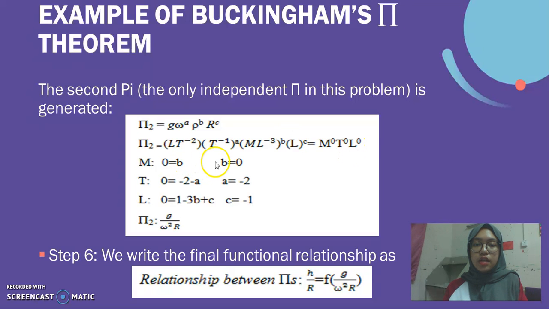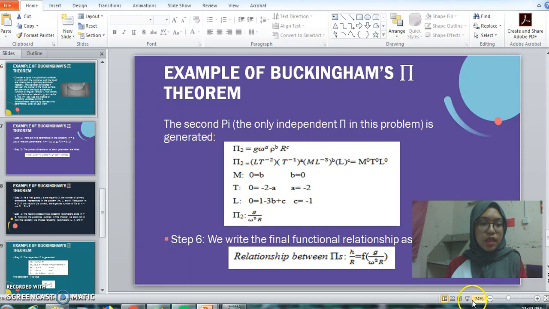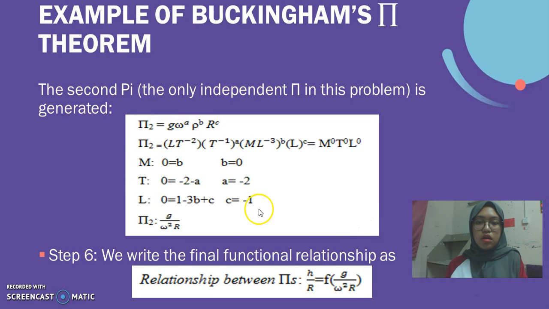We get b equals 0, a equals -2, c equals -1. So we substitute back a, b, c into the functional relationship, and we get pi2 is g over omega to the power of 2 times r.